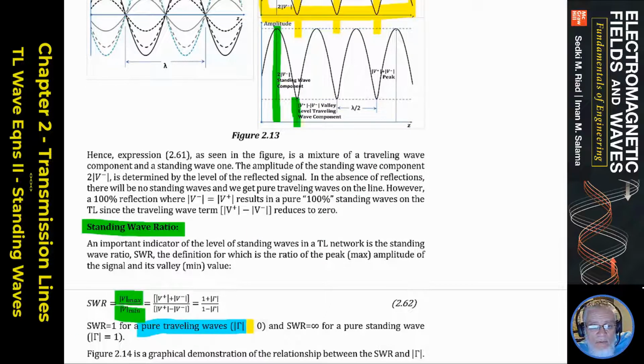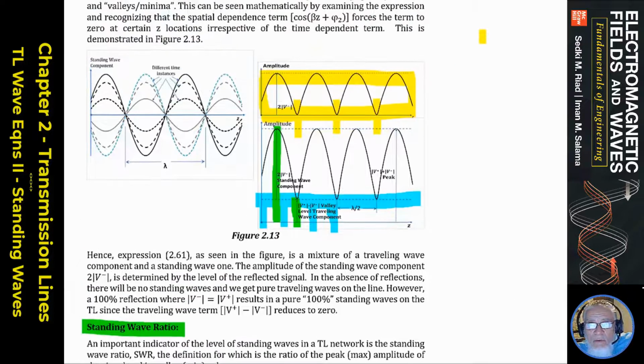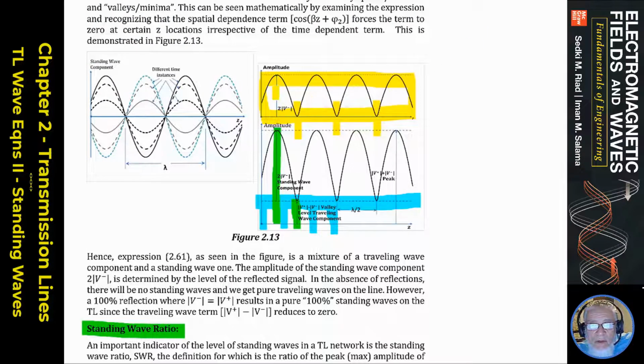For a pure traveling wave, gamma is 0, no reflection. That's my pure traveling wave. Remember that? Vmax and Vmin are the same everywhere. In this case, your standing wave ratio is 1. While if you were to talk about a pure standing wave, Vmax is right there, Vmin is 0.